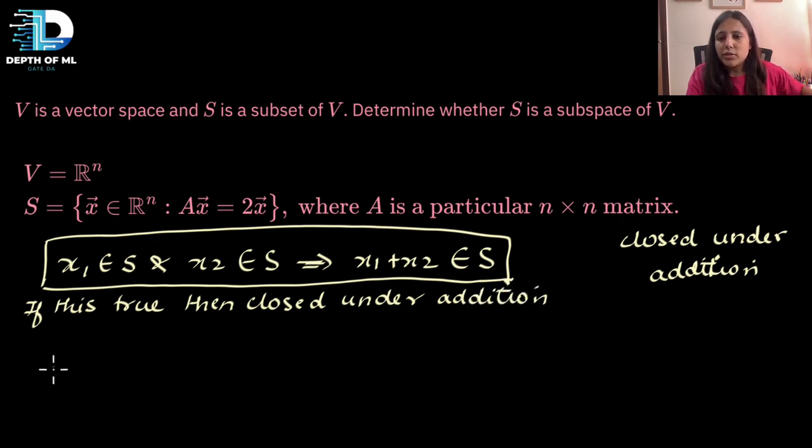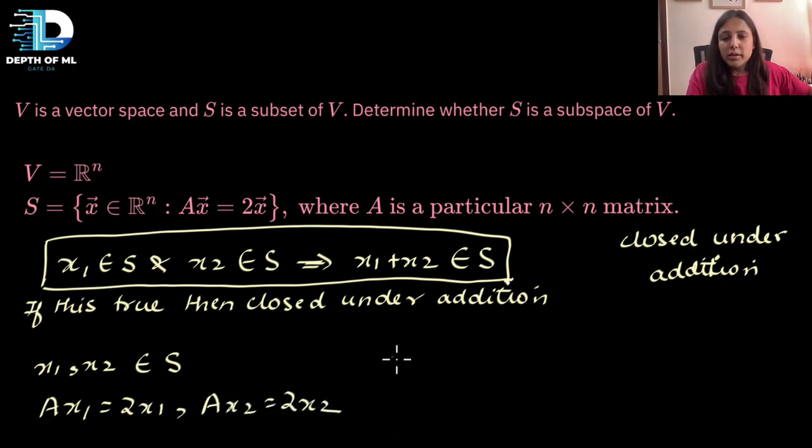So let's see. I'll assume that x1 and x2 are vectors that belong to S. Okay. Because these vectors belong to S, Ax1 equals 2x1 and also Ax2 equals 2x2. Okay. Now if x1 plus x2 belongs to S, then it should also be of the same form. So let me check what I get when I multiply A with this sum. I can distribute the multiplication and write Ax1 plus Ax2.